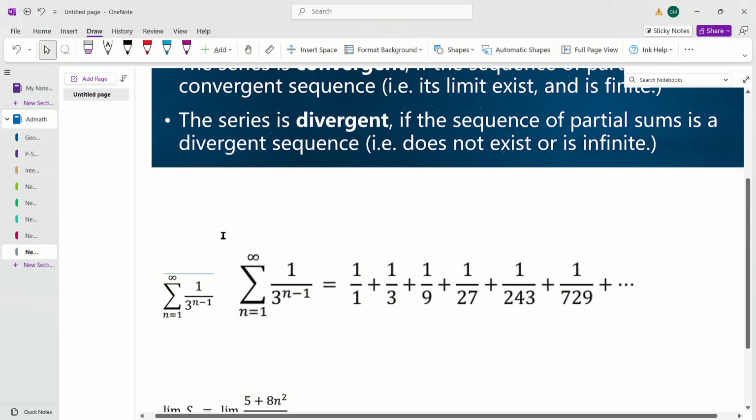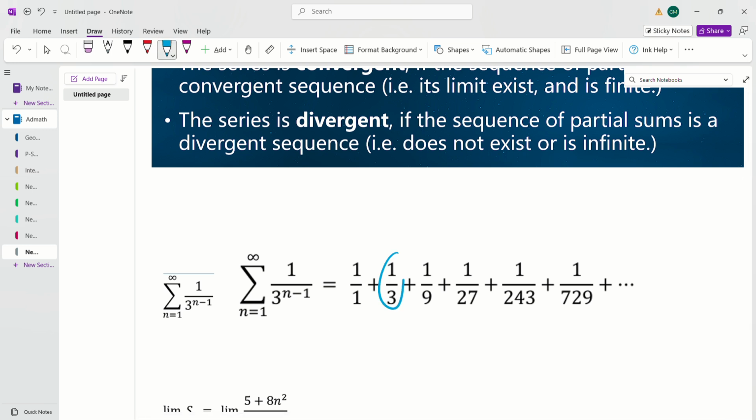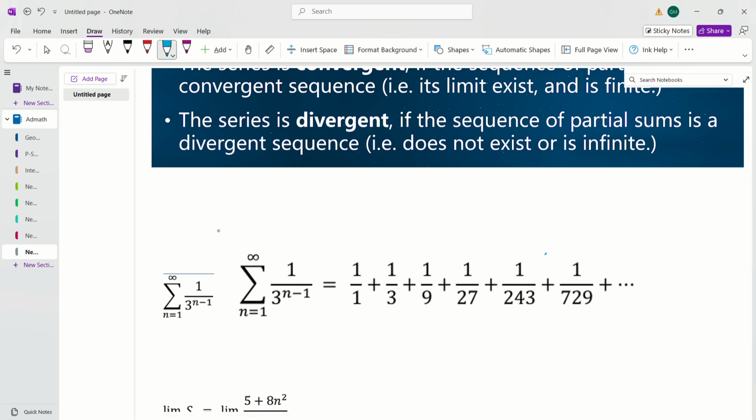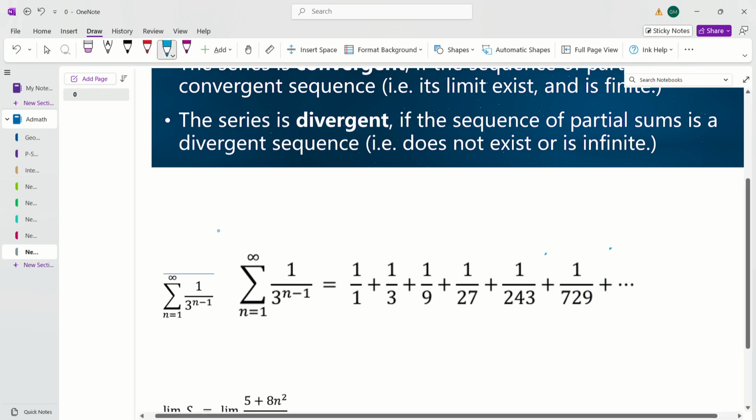Now, if we identify the few terms, we arrive at this answer. We have our first term, 1 over 1 or simply 1. Second term we have 1/3, 1 over 9, 1 over 27, 1 over 243, 1 over 729, and so on and so forth.